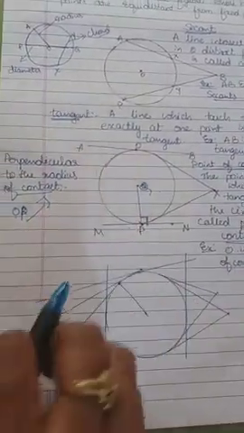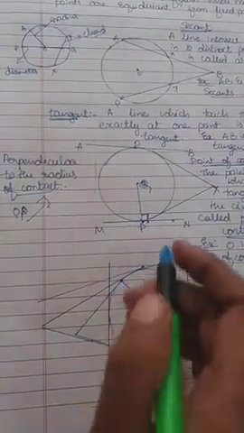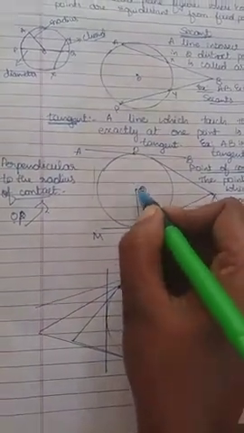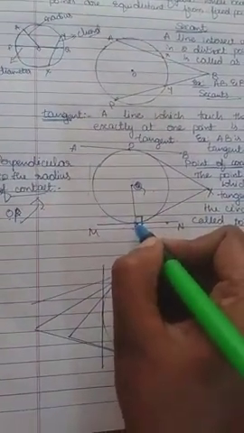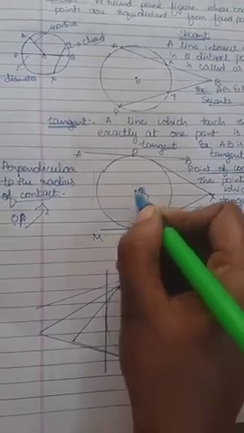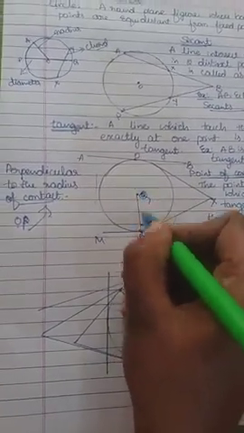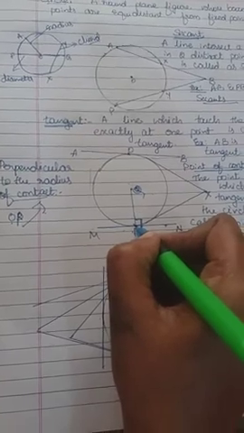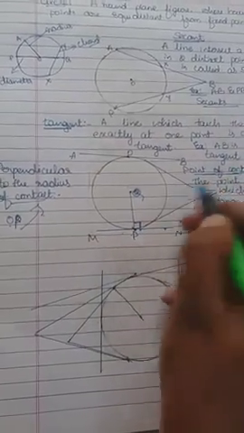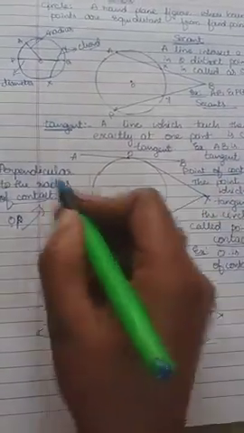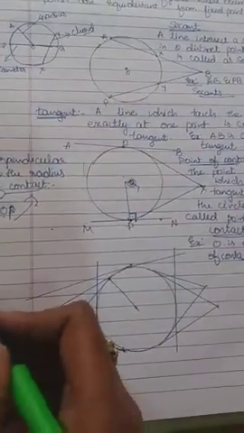What is meant by perpendicular to the radius of contact? A line which touches the circle at the point of contact from the radius is called the perpendicular to the radius of contact.